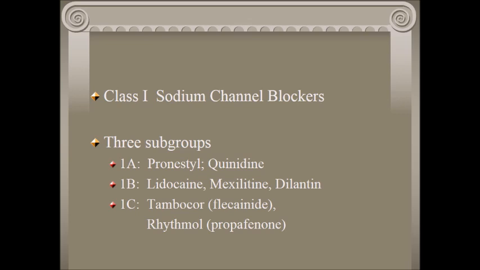Both of these drugs may be given IM, IV, or PO. Not used a whole lot, but occasionally you will see them. They're fairly older drugs. Class 1B are said to have little or no effect on slow heart rates, but have an effect on fast heart rates.